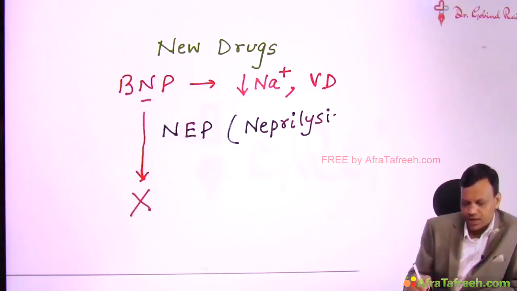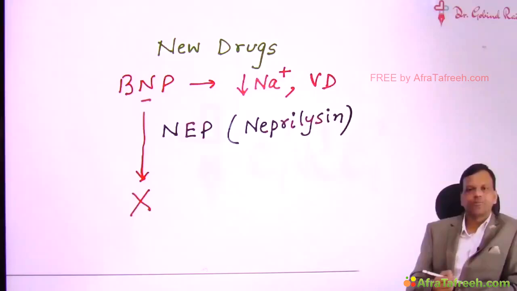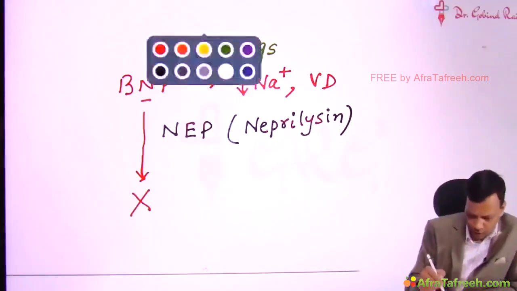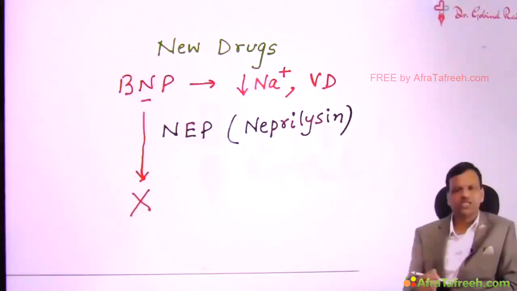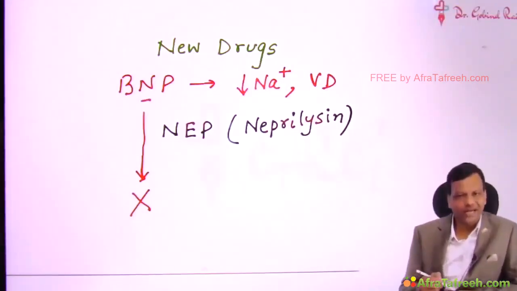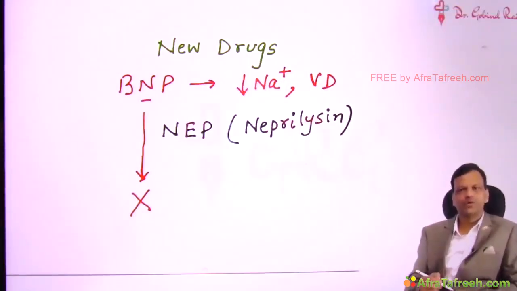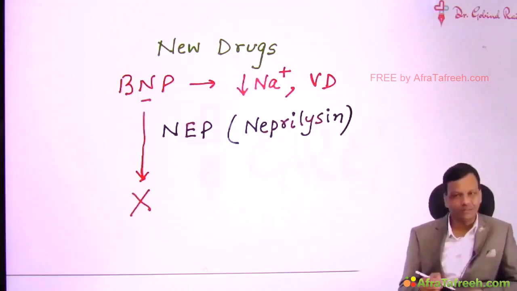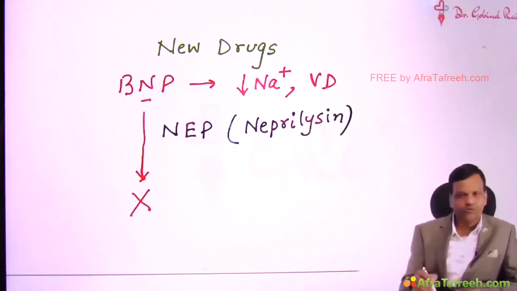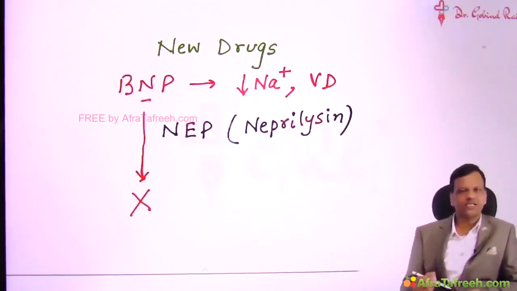Neprilysin or neutral endopeptidase breaks brain natriuretic peptide. Now what do you want to do to BNP in patients with congestive heart failure? Will you like to increase BNP or decrease BNP? Obviously we will like to increase BNP because we want to remove sodium, we want vasodilation. So if we increase BNP, we can treat CHF.